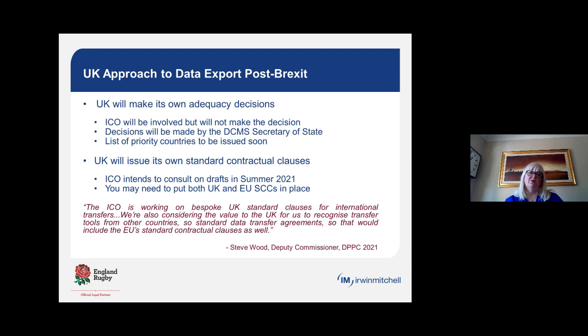DCMS have said that the government plans to promote the free flow of personal data globally and across borders, including through ambitious new trade deals and through new data adequacy arrangements with fastest growing economies, whilst ensuring that people's data continues to be protected to a high standard. Not wishing to be cynical, but that sounds like it's quite trade-based rather than quality of data protection standards. So it'll be interesting to see what the priority countries list will look like soon.